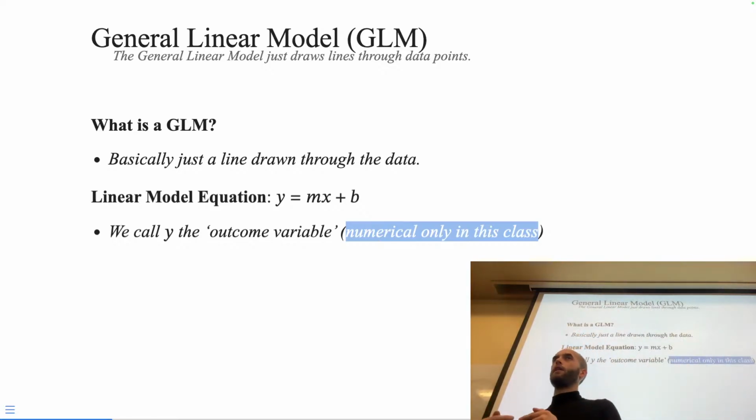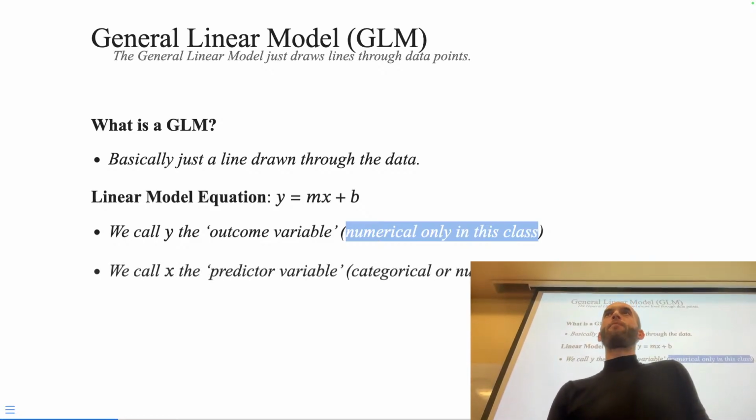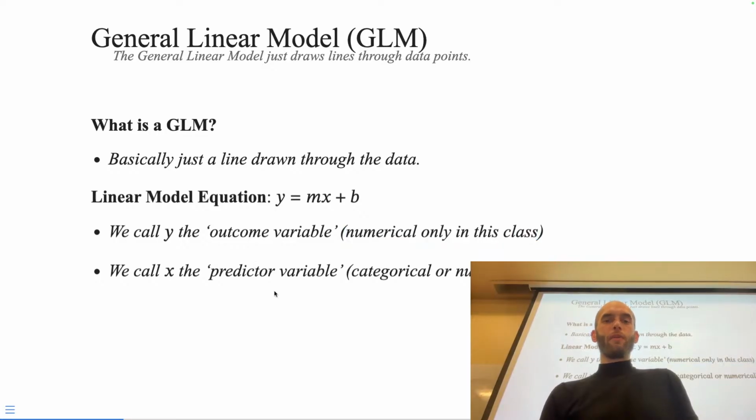It becomes much more complicated to deal with categorical data as an outcome variable. So all semester we're going to use numerical variables as the outcome variable, but our x variable, what we call the predictor variable, can be either categorical or numerical. So we're going to talk about how we deal with numerical predictors.